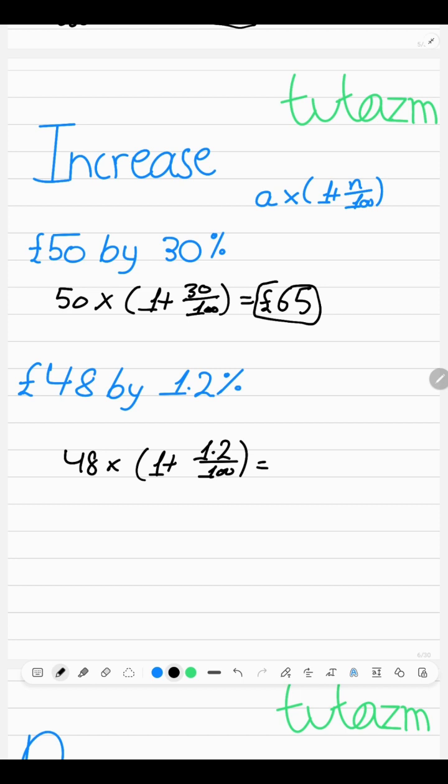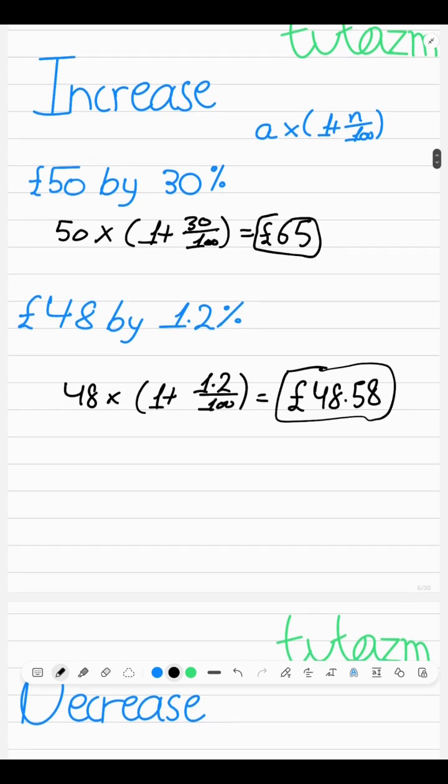Put that into our calculator again, so 48 times by 1 plus 1.2 over 100, and that would give us 48.58 to two decimal places, which you always have to do with money. If you have a currency, you always have to give it to two decimal places at max.